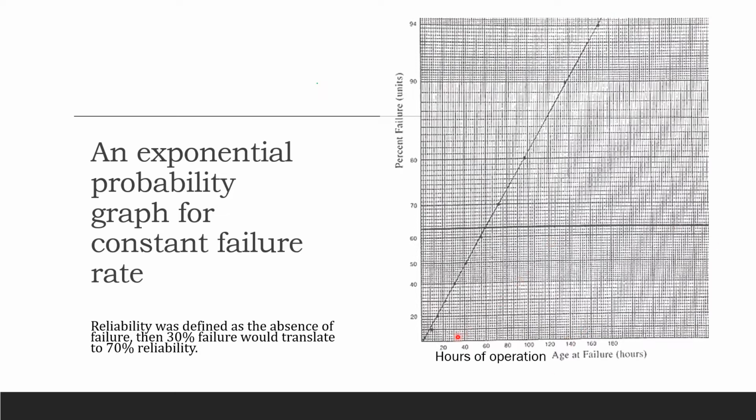So you will have to run this system every 20 hours. If you run every 20 hours, you will get less than 30% failure. That's about 22%, if you go this way. So that's about a 22% failure, so you have 78% reliability.